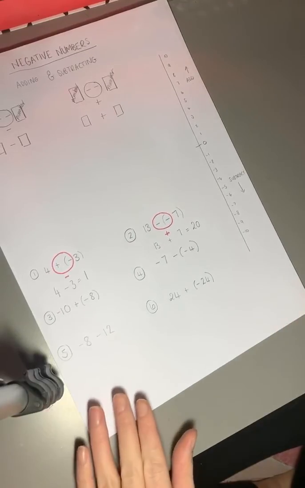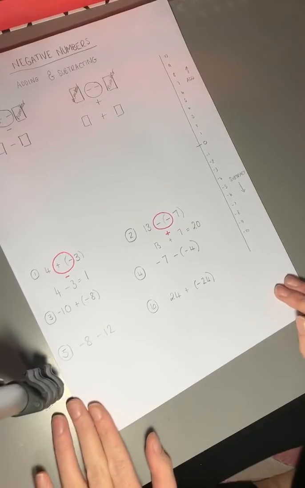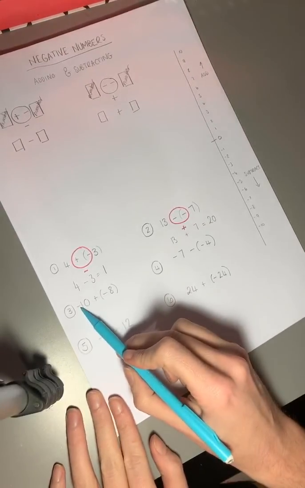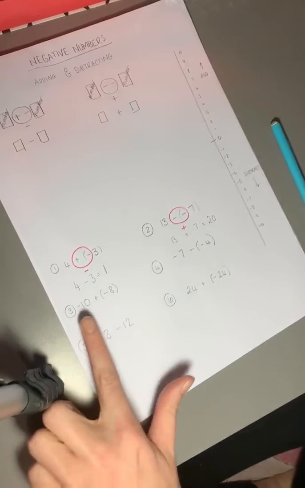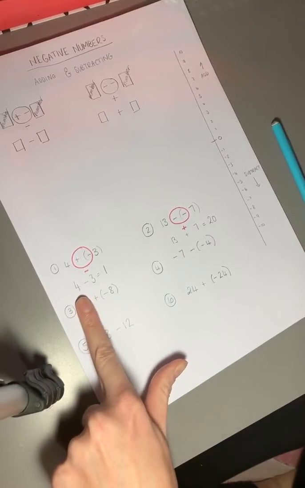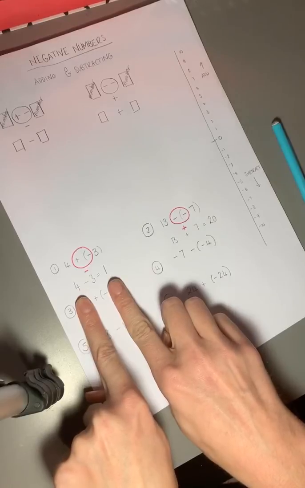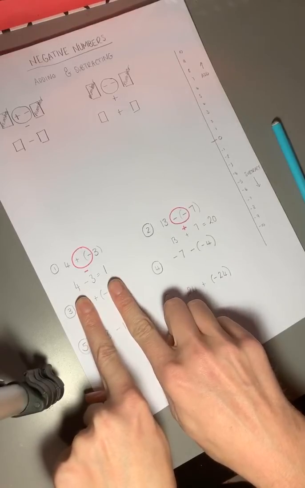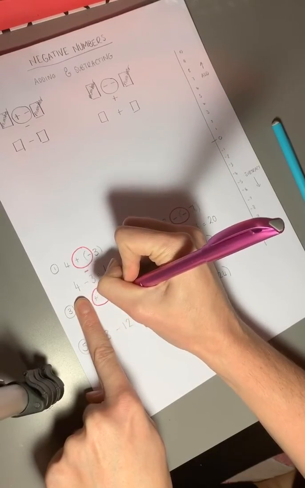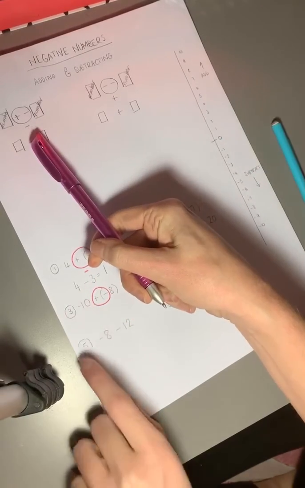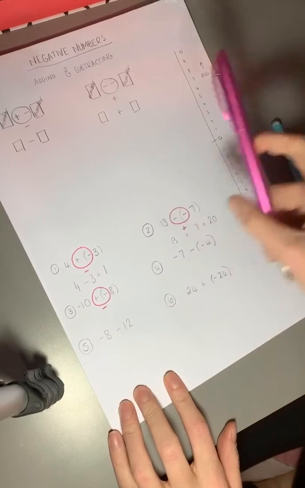Where it starts to throw people and gets a bit confusing is when I've got a negative number to begin with. But if I follow my rule and I ignore the numbers, and I just look at what's happening in between, I've got a plus and a minus. And if I look at my rule up here, that tells me I'm taking away.